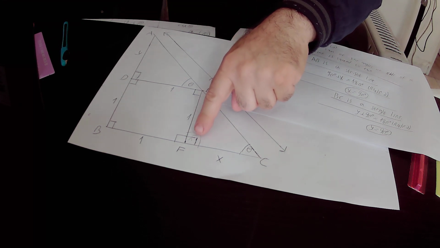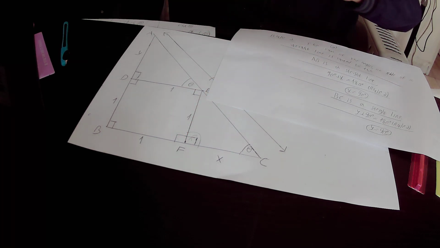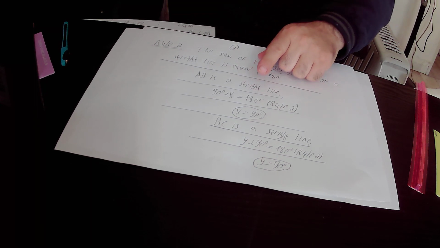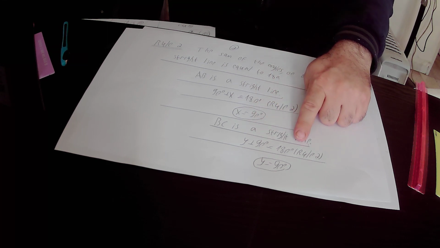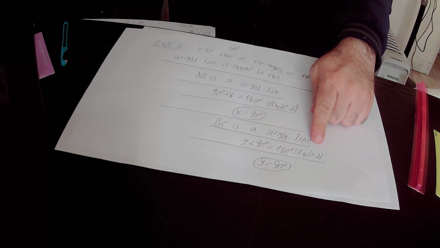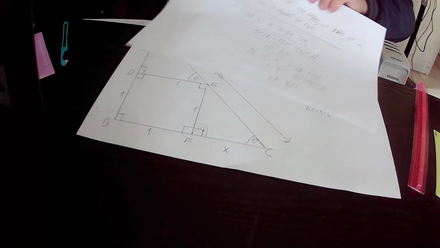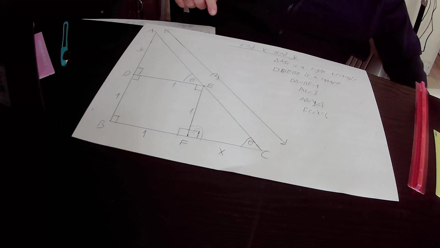If we define this angle as Y, then 90 degrees plus angle Y must be equal to 180 degrees, because the sum of the angles on one side of a straight line is 180 degrees. We subtracted 90 degrees from this equation and got that angle Y equals 90 degrees, therefore triangle EFC is a right triangle.